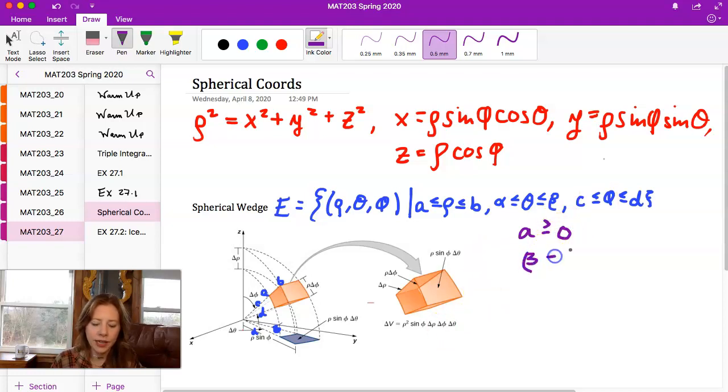Beta minus alpha has to be less than or equal to 2 pi. And D minus C has to be less than or equal to pi. Okay, because still in the xy plane, we're still sweeping out an entire 2 pi circle.